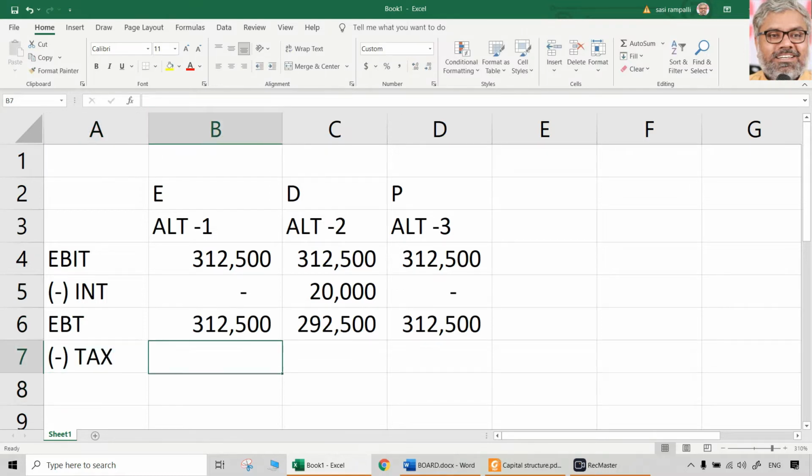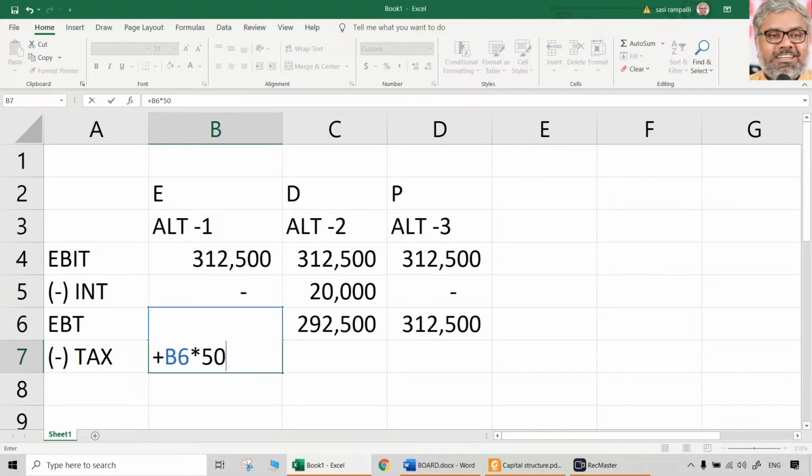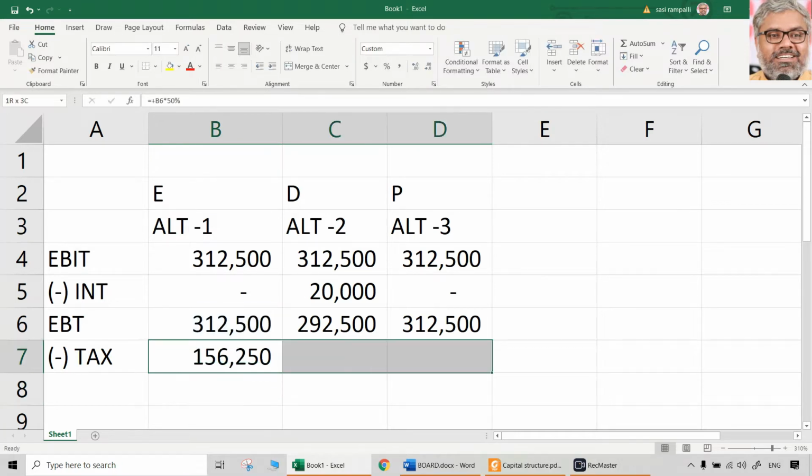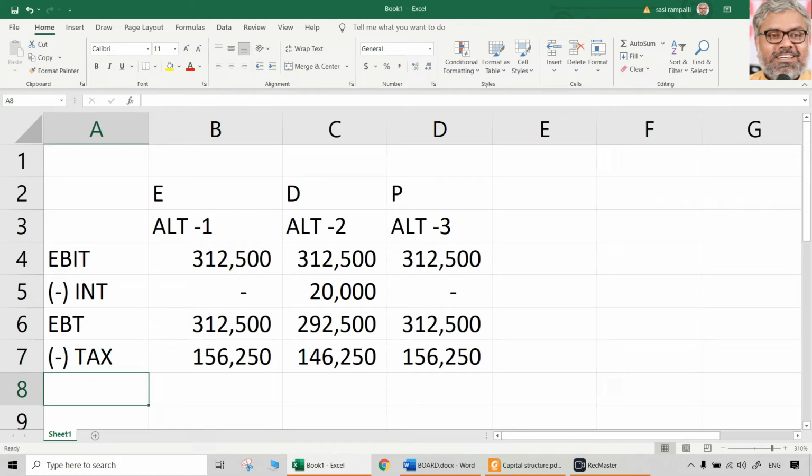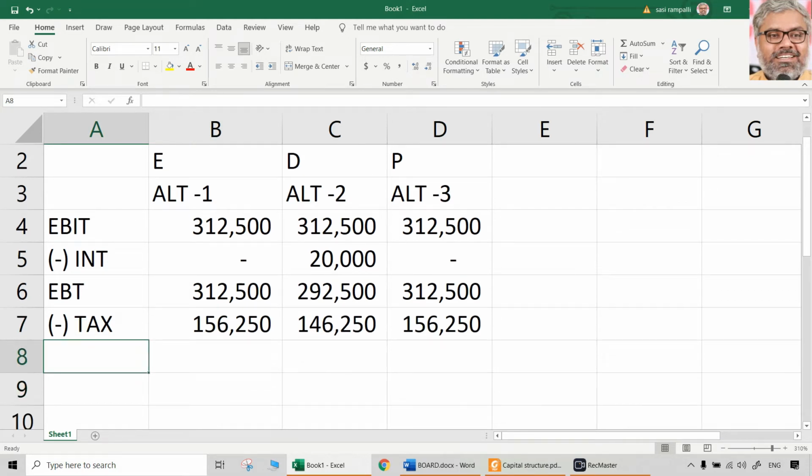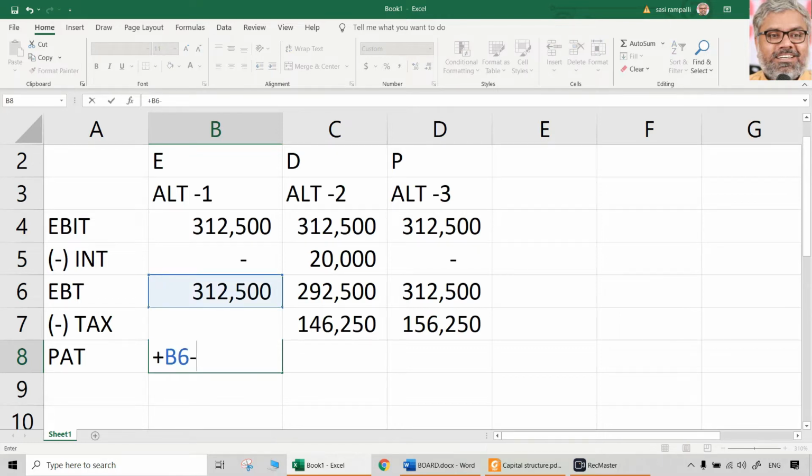How much is the tax rate given in the question? 50%. So whatever is the EBT, on that 50% will be tax. This has to be calculated. Then what is going to be earnings after tax or profit after tax? Profit after tax is this minus this.